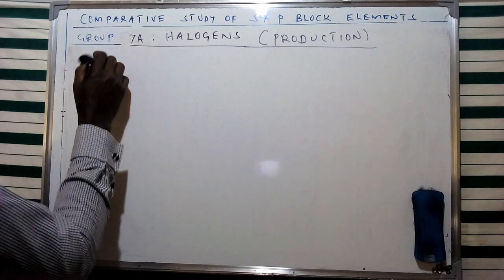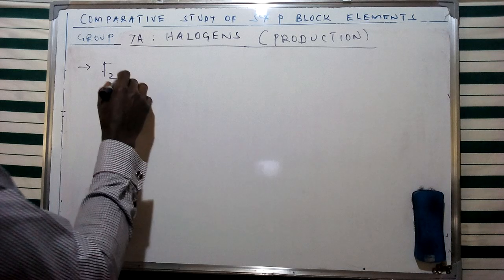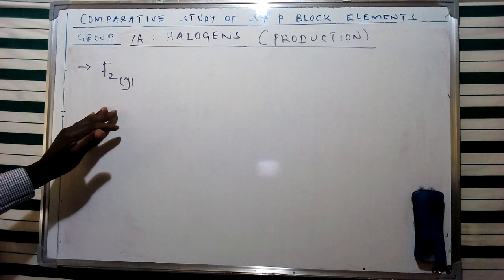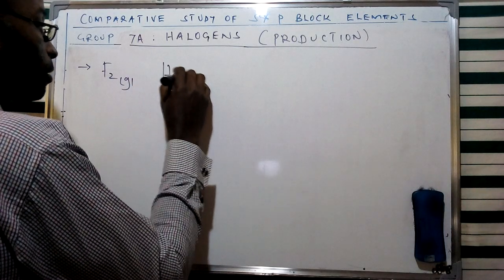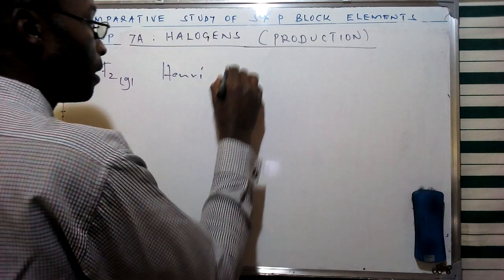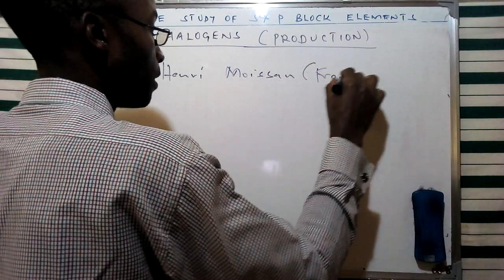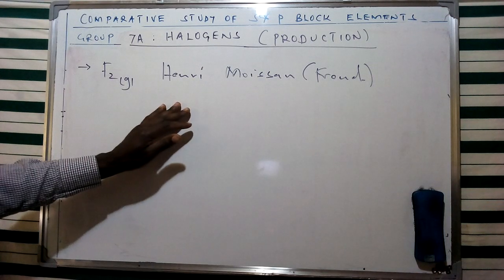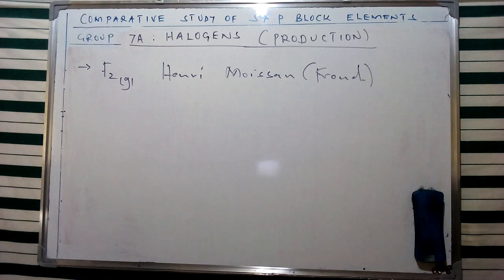Now we have said the first member, which is fluorine, and fluorine of course is going to be a gas at room temperature, and this was first isolated or prepared by Henry Moissan. So we're going to take this French scientist who was going by the name Henry Moissan, who first prepared this specific element of fluorine.